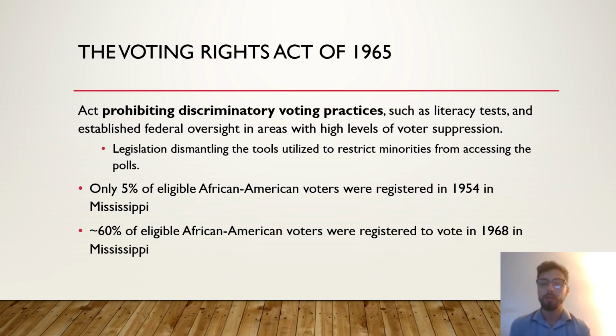Now, fast forward to just one electoral cycle after the Voting Rights Act of 1965, not even a whole 4 years, but 3 years later in 1968, roughly 60% of the eligible African American voting population cast their ballot, revealing 55% of a population, the majority of a population, being previously restricted due to the discriminatory voting practices such as literacy tests, poll taxes, and general social pressures preventing them from reaching the polls.